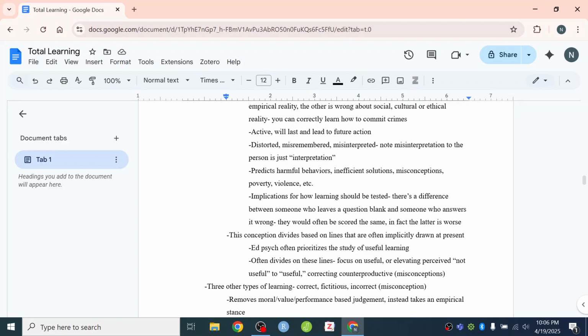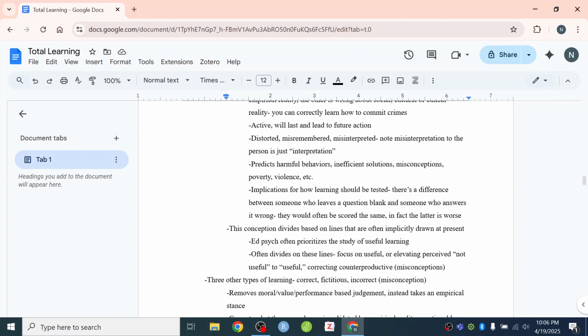Of course, questions about the validity of empirical reality notwithstanding, that's getting a little too philosophical. But the goal here is to strip that normative, value-based element which useful learning carries, to have a useful way of divvying up total learning, which nonetheless says something about the type of learning that's being done.